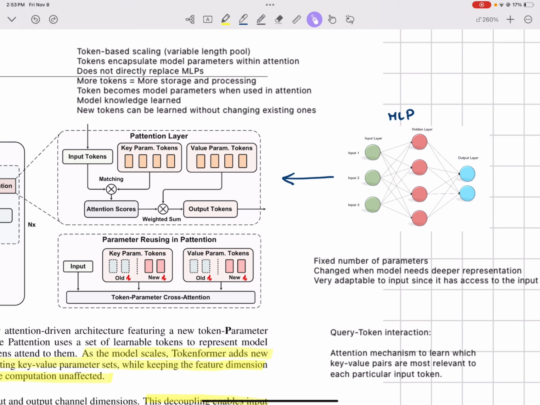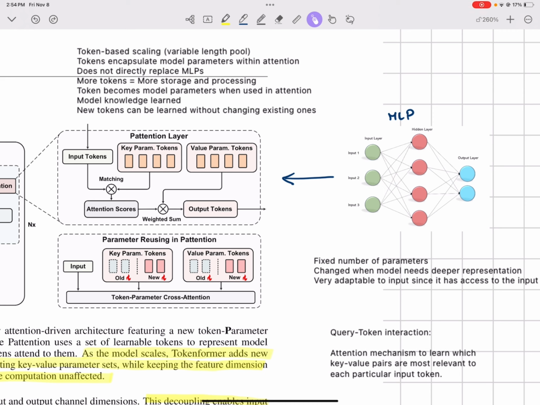So the input that comes into the MLP and the fixed parameters here, whatever gets stored in these parameters, and the processing that happens in these parameters, they're actually going to be converted into tokens. And those tokens come in two sets, the key tokens and the value tokens.